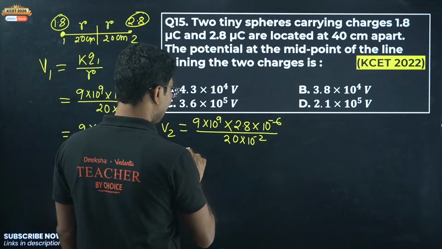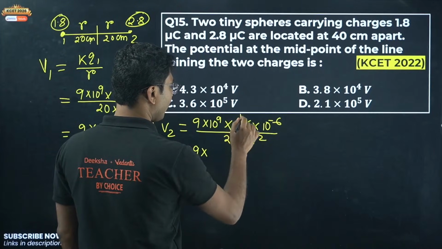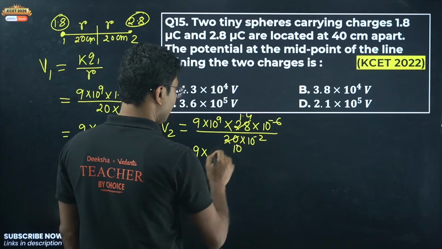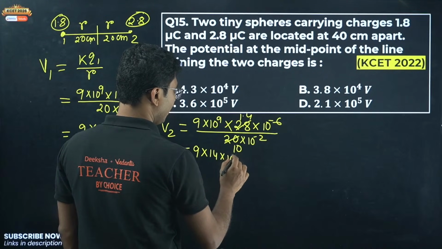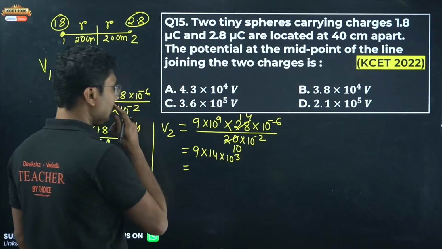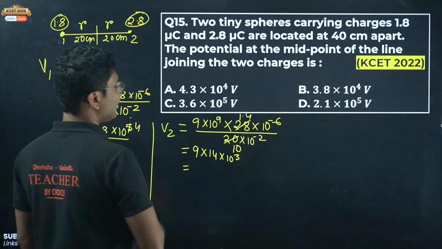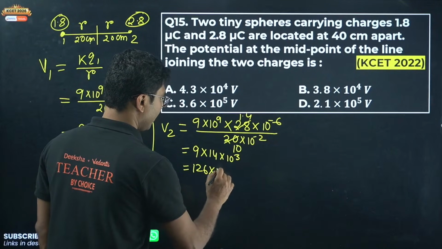Only the charge will change, remaining things will remain same. So we can say that 9 into 2.8 will be 1.4 by 10. So 9 into 14 into 10 to the power of 3. So it will be 90 plus 36, 126 into 10 to the power of 3.